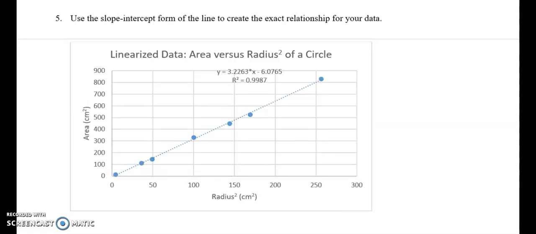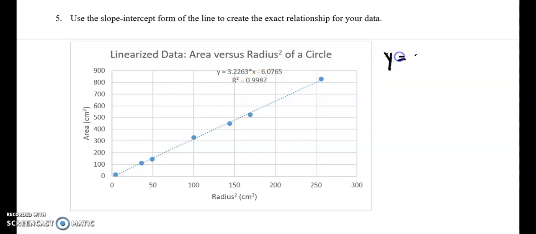For step number 5, I used the slope-intercept form, y equals mx plus b, to create an exact relationship for your data. I went ahead and did that in Excel, and Excel tells me that y is 3.263 times x minus 6.07. Our R squared value is almost 1, so that's pretty good. Let me write this out.